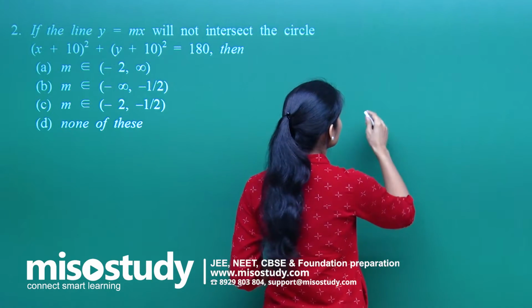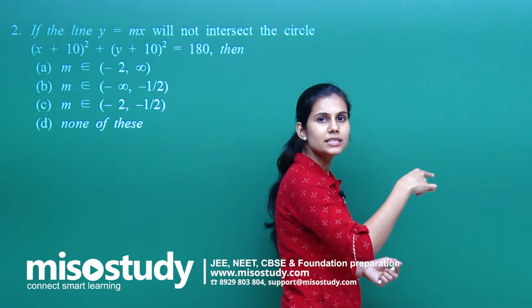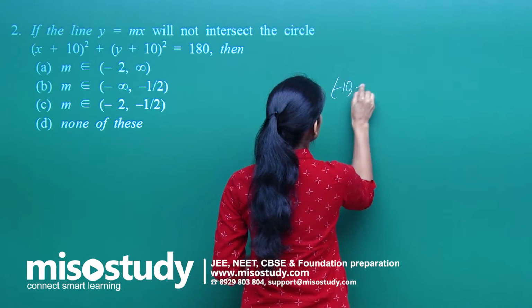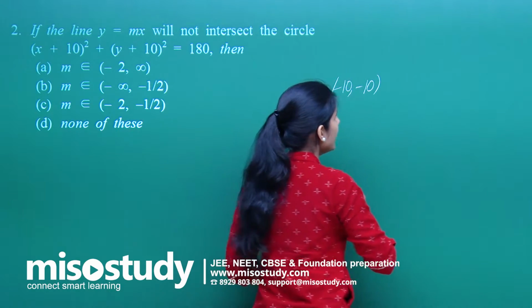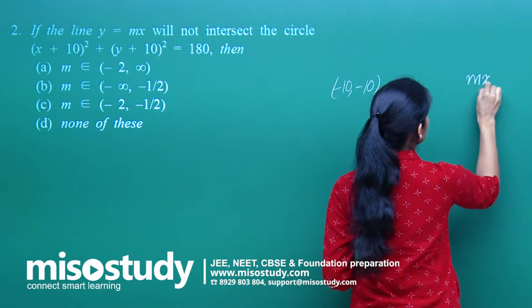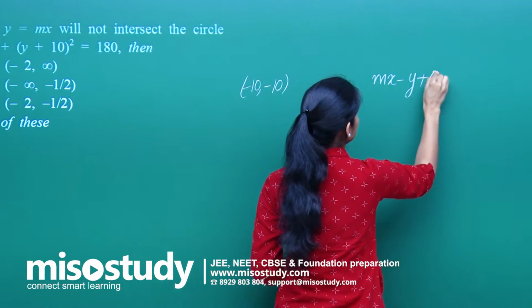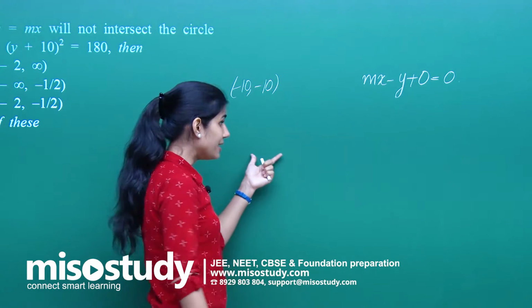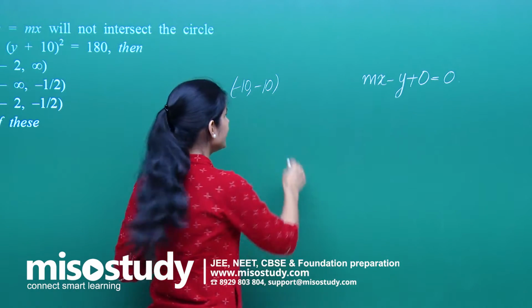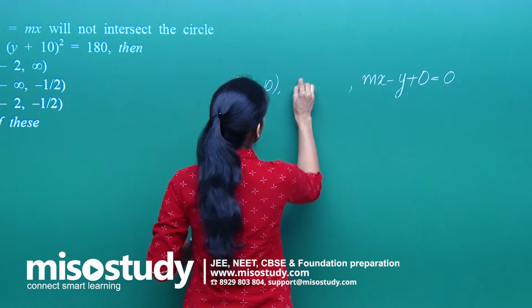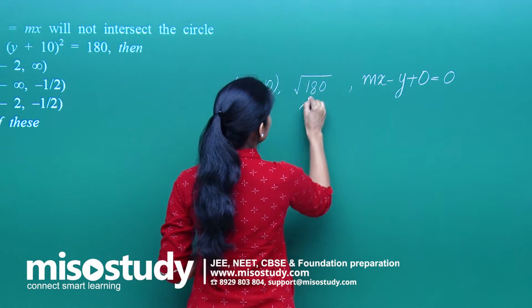So what is the perpendicular distance of that line from the center of the circle? The center of this circle is (minus 10, minus 10). And the line is y equals mx, which means mx minus y plus 0 equals 0. So perpendicular distance is greater than the radius. What is the radius? Radius is under root 180 whole square, so under root 180 is the radius.